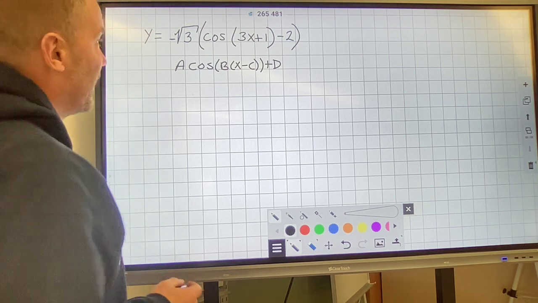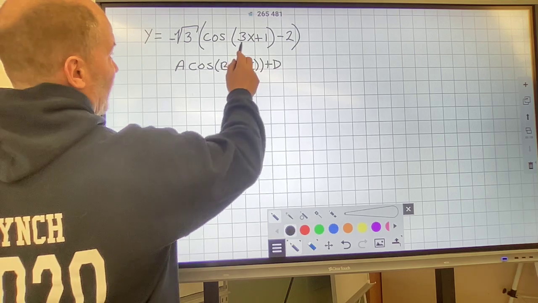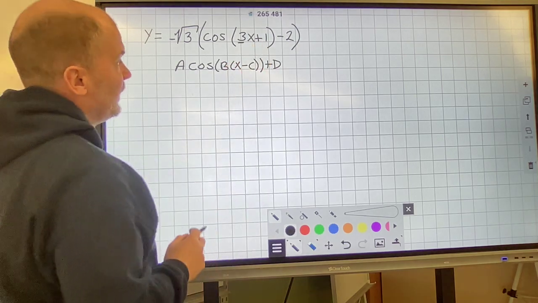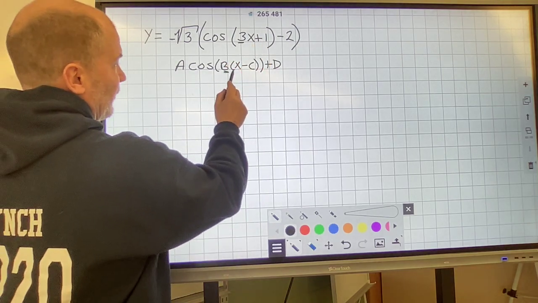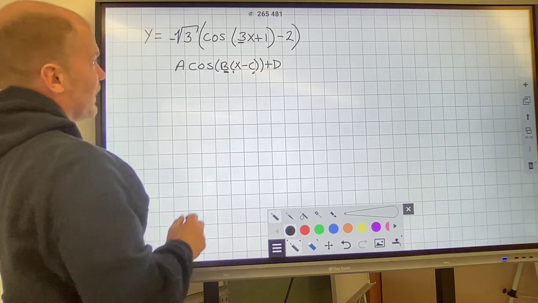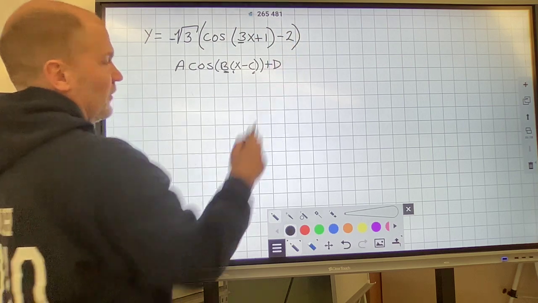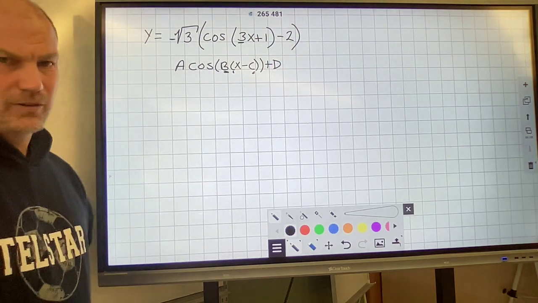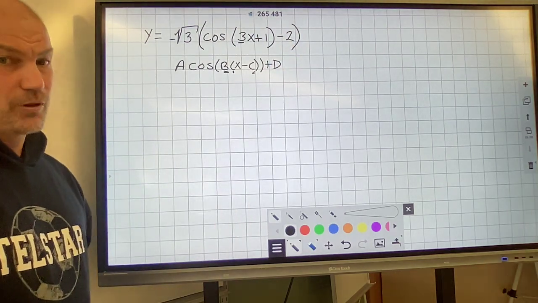And the first thing that I see is that this 3 in here, we don't have this set of parentheses. So I'm going to have to deal with that. And then I also see this extra set of parentheses here that I need to deal with. So I'm going to have to distribute that -√3.